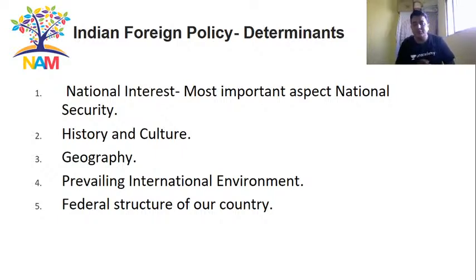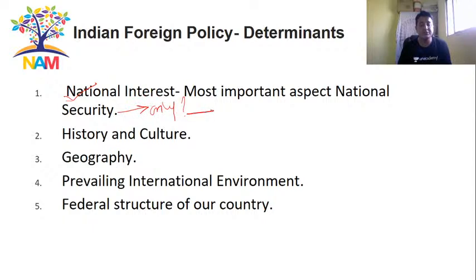In the last lecture, we discussed the Indian foreign policy determinants. We mentioned that while designing Indian foreign policy, there are five determinants. First is national interest. Of course, for any nation, it's important. But national interest doesn't mean national security only.